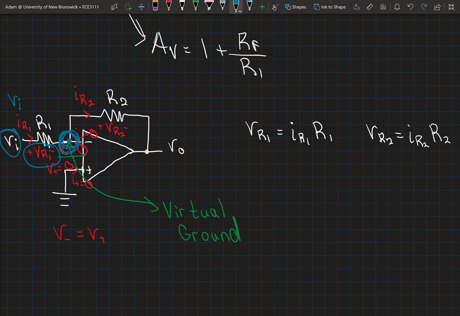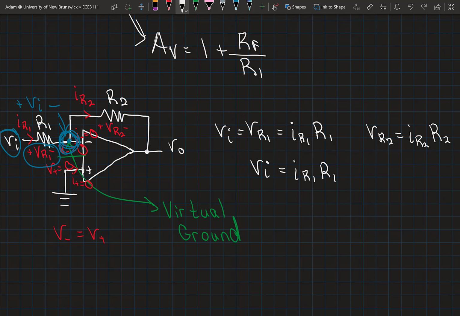So VI is the voltage across R1, because this point is ground, so VI is a voltage with respect to ground. That same voltage appears across R1, so rather than call this VR1, we can call it the input voltage, because they're equal.